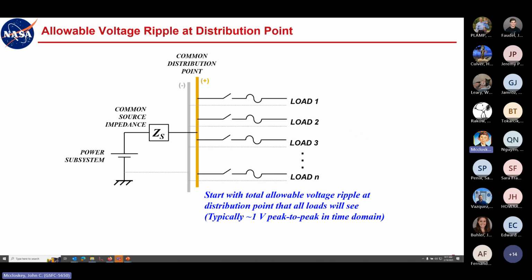So we start with what is the total allowable voltage ripple at the distribution point that all loads will see. Now, I will emphasize here that this is an example to illustrate the thought process. And the thought process is what I'd like you to take with you, not the final answer.